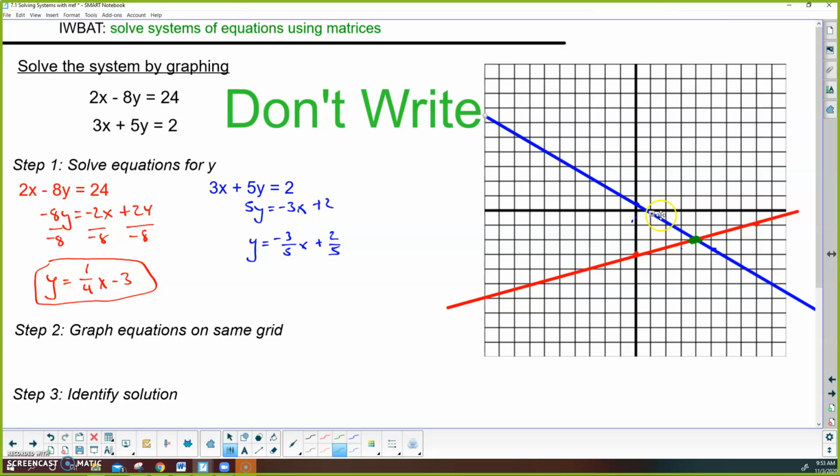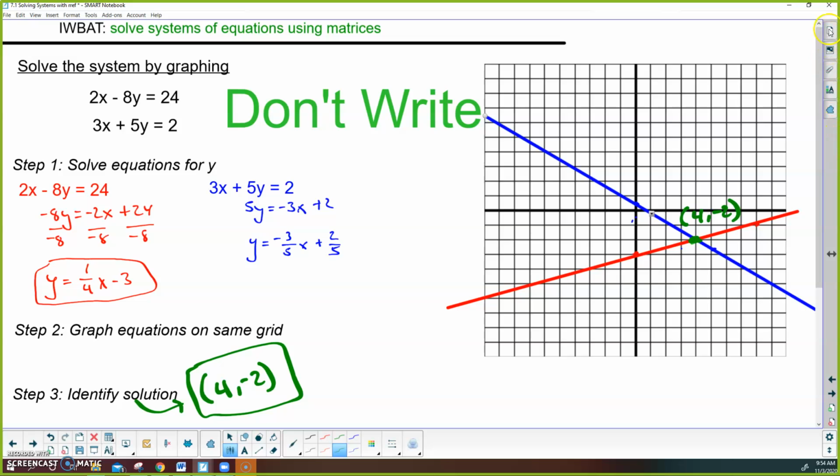I'm going to estimate because I'm not 100%, but I can kind of guess what my solution is. Over 1, 2, 3, 4, down 2. So the location where they intersect is over 4, down 2. And that is right now the guess or estimation of my solution. Okay? So that's solving systems by graphing.